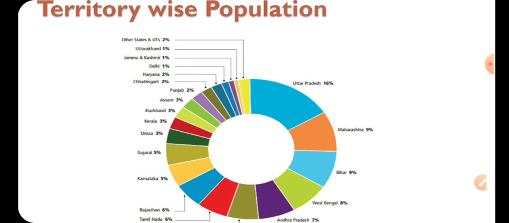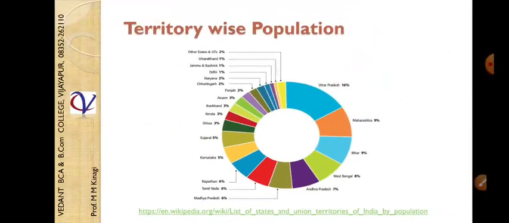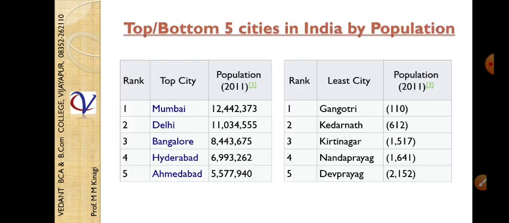The least, if I'm not wrong, is Uttarakhand, contributing 1% of India's population. Uttarakhand, Jammu Kashmir and Delhi, these 3 contribute just 1% of the population. So this is based on the graphical design. Here you can understand how much each state contributes to India's population, territory-wise.